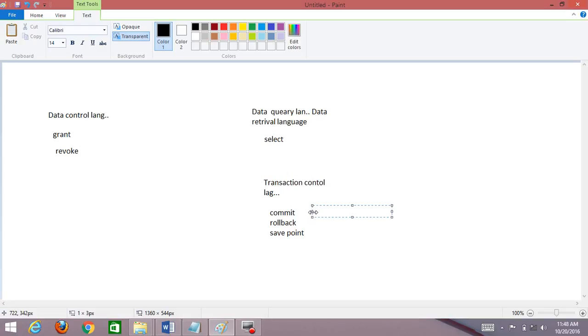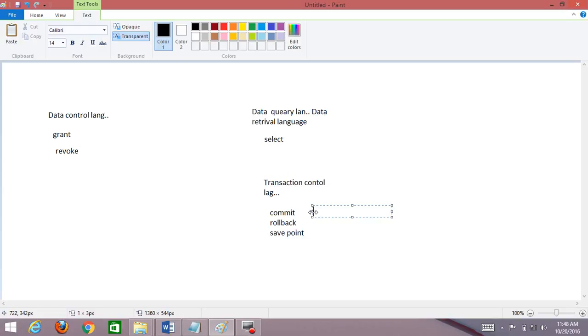These are all the basic parts of the rules of databases, please observe clearly: what is SQL, what is the invention, which company invented it, which version, and what tasks it performs. Data definition language: create, alter, drop, truncate and rename. Data manipulation language, DML: insert, delete, update and merge.